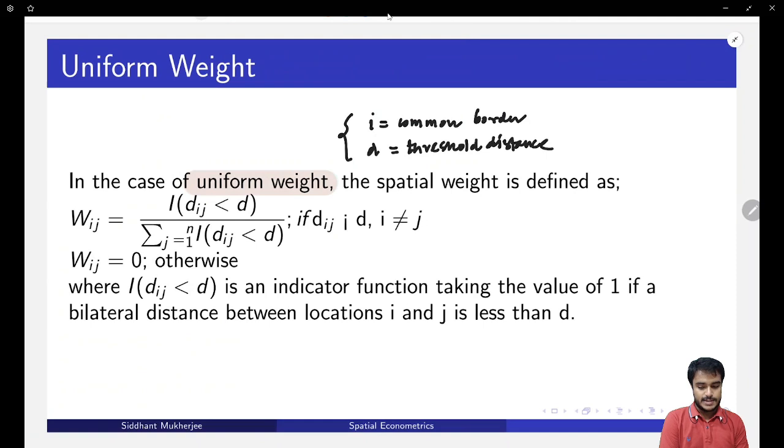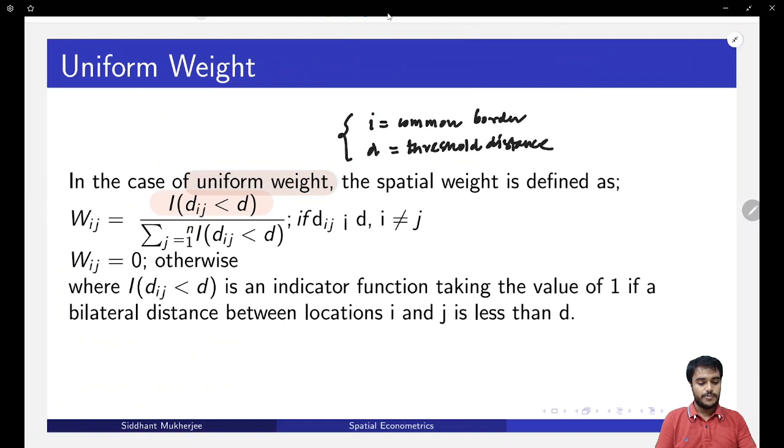So in this case, wij equals I of dij less than d, divided by the summation of the indicator functions I of dij less than d. What is this I of dij?